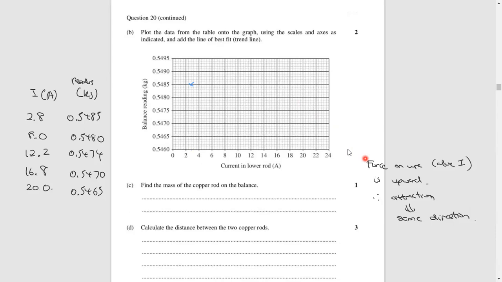Then you've got 12.2, which is 0.5474. Then you've got 16.8, which is 0.547. Then you've got 20, which is 0.5465. Okay, so there are your plotted points.